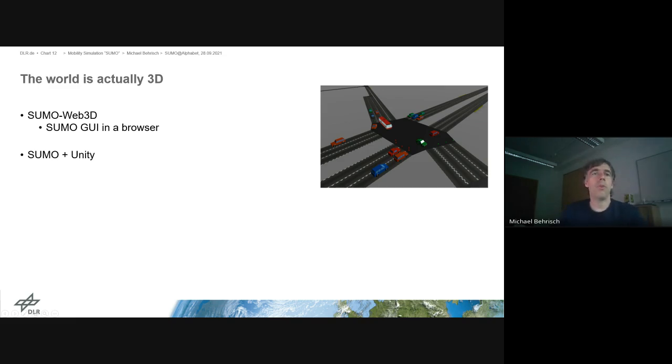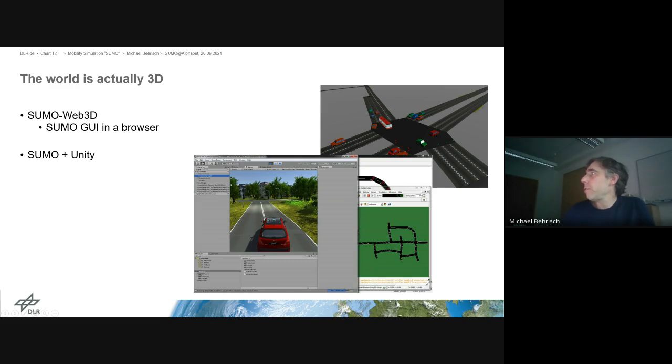So when I'm talking about more or less external contributions, as you saw in the beginning, most of the time SUMO is used with the SUMO GUI, which is basically a two-dimensional GUI, but of course the world is three-dimensional, and people want to see it in 3 dimensions. So there are several implementations.